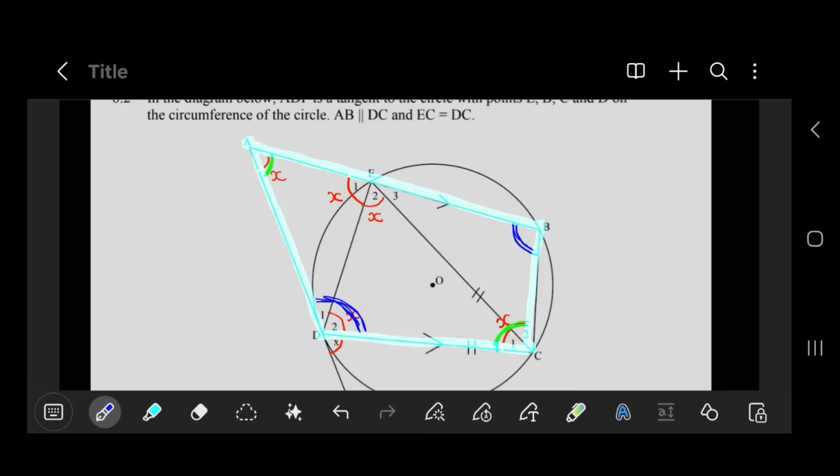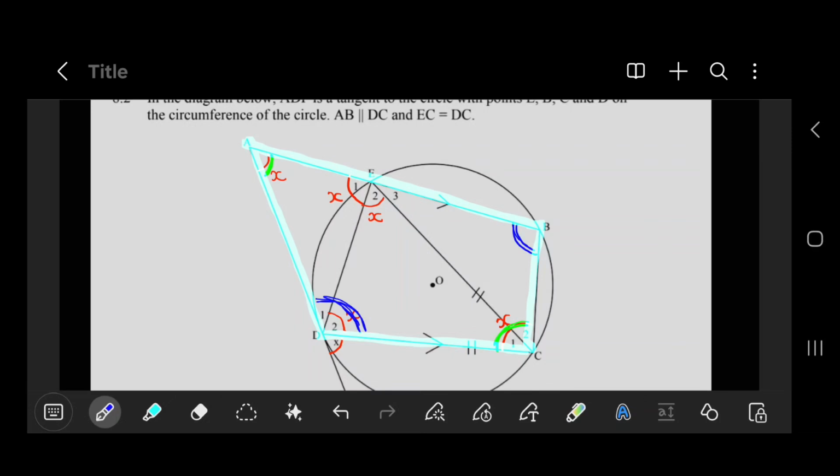So my aim here is, we need to figure out what angle B is. We also need to figure out what angle D1 is.